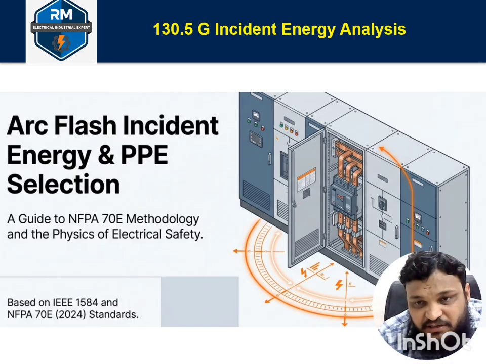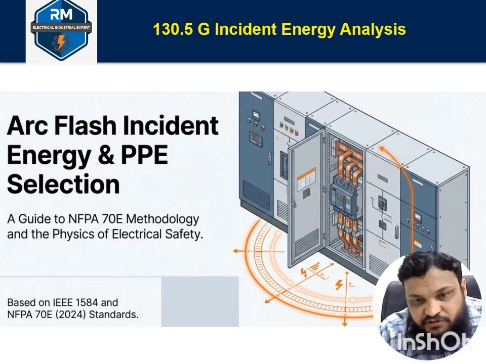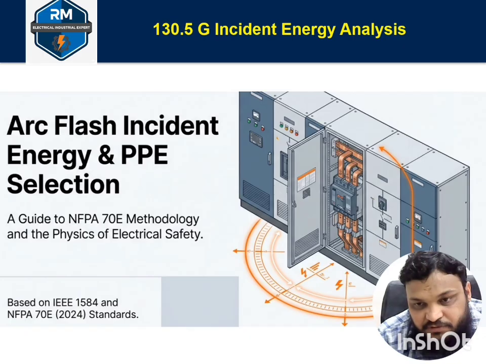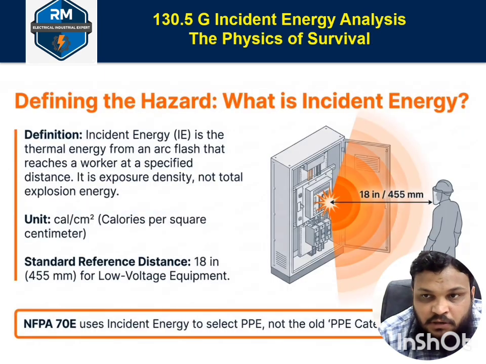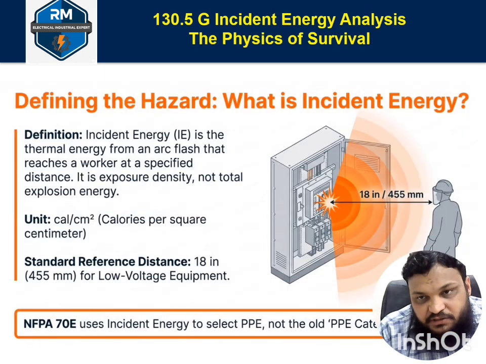Incident energy analysis and PPE selection is a very important topic in Article 130.5, that is arc flash risk assessment. So NFPA 70E 2024 standard describes how we can calculate incident energy based on IEEE 1584 standard. Well, what is incident energy?